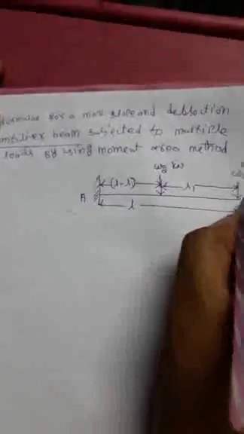Next, this is end A, this is end B, and this is end C. This is the reference line at B and this is the reference line at C. This is the baseline for W1 and this is the baseline for W2.